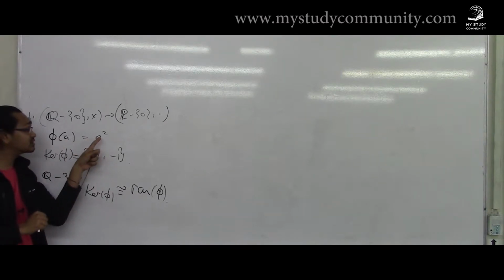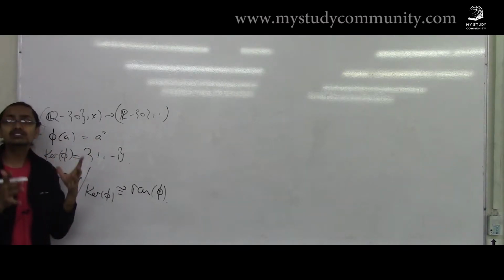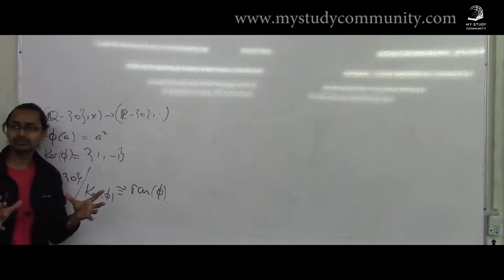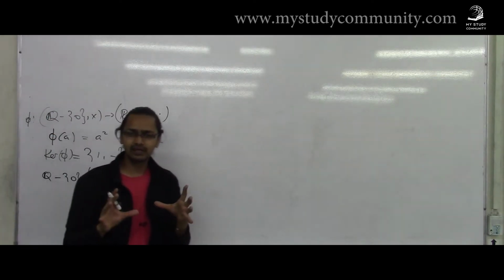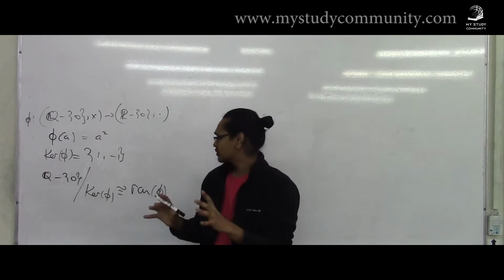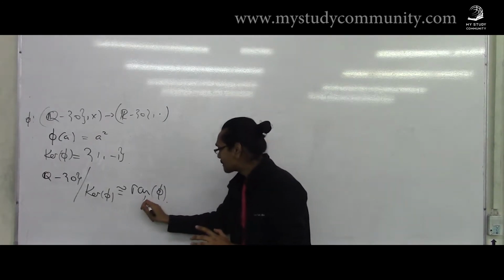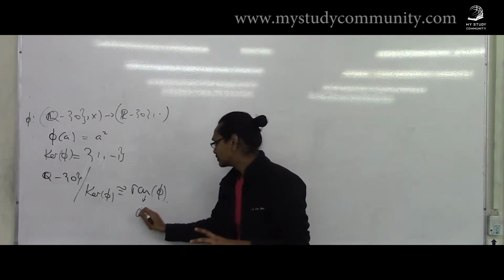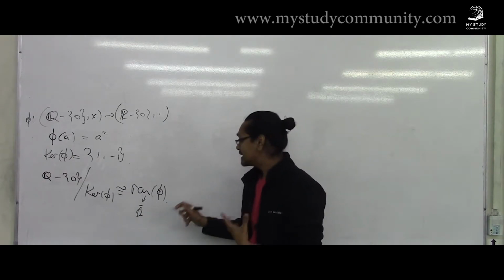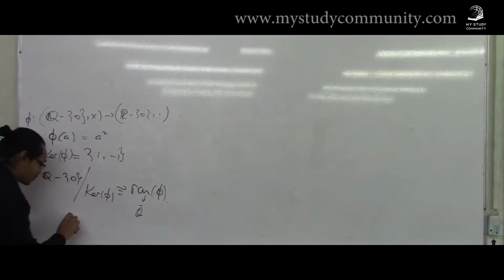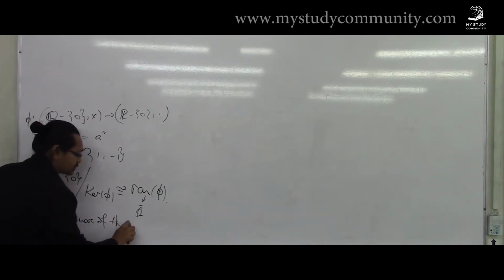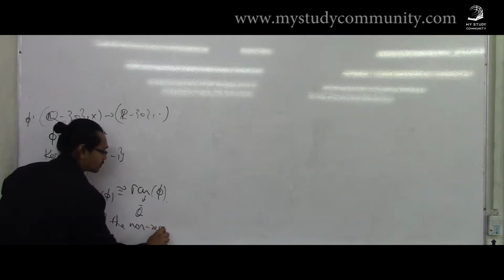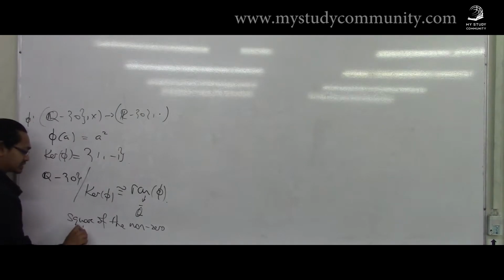In other words, it's the square of the non-zero rational numbers. I hope you all understand that, right? So it's the square of the non-zero rational numbers. This here, I'm going to call Q bar. And this is actually the square of the non-zero rational numbers.